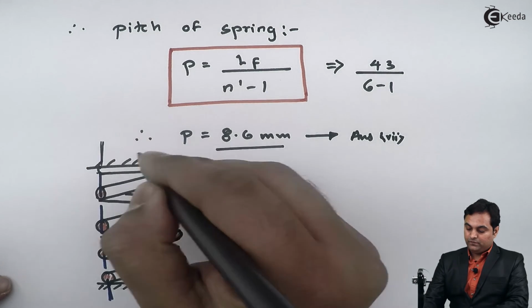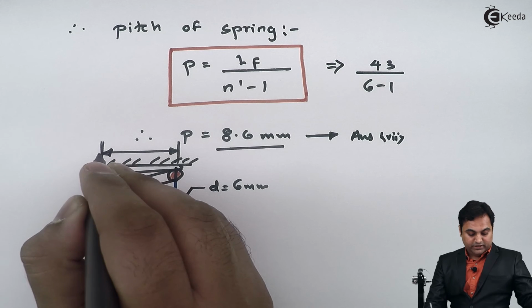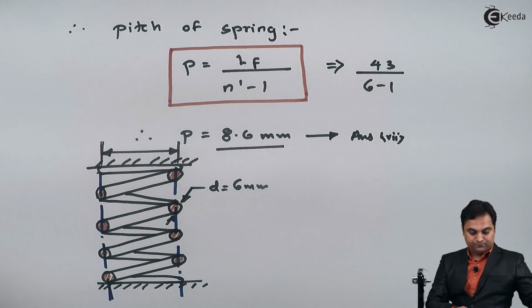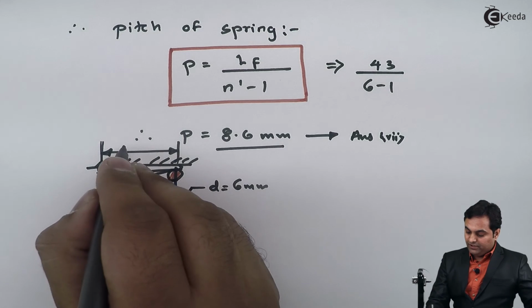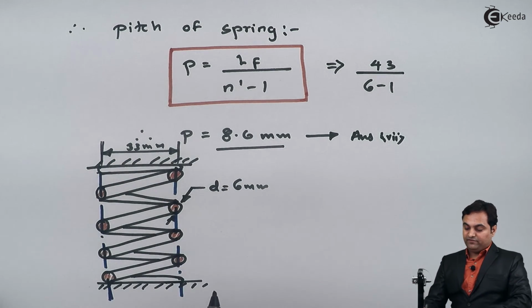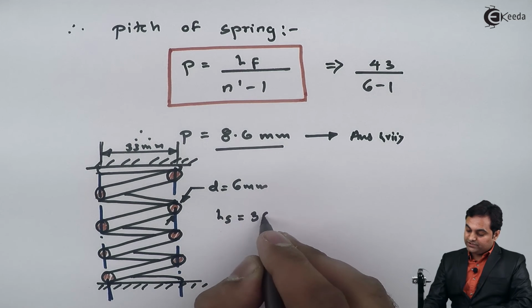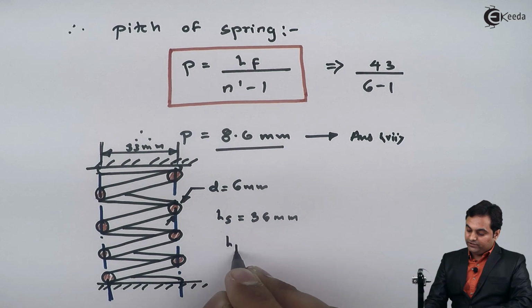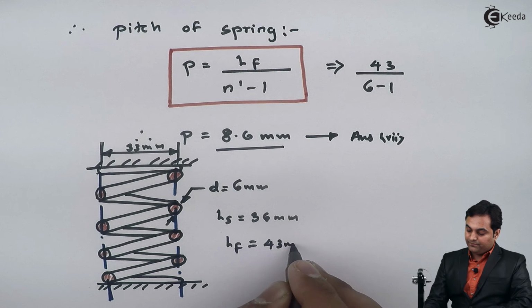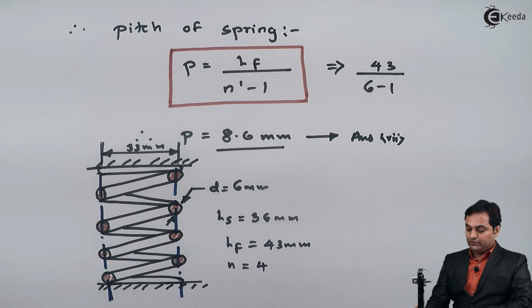Capital D, we have got the value, it was 33 mm. Next, for the spring we have calculated solid length. Solid length was 36 mm. We had calculated the free length, it is 43 mm. Then we have calculated the number of active coils, it was 4.